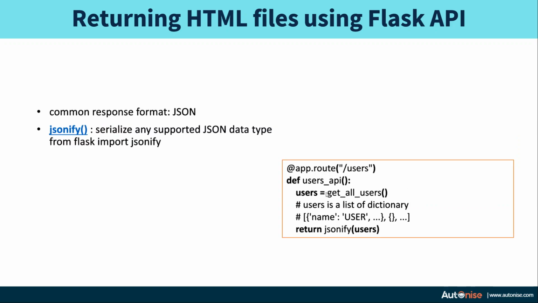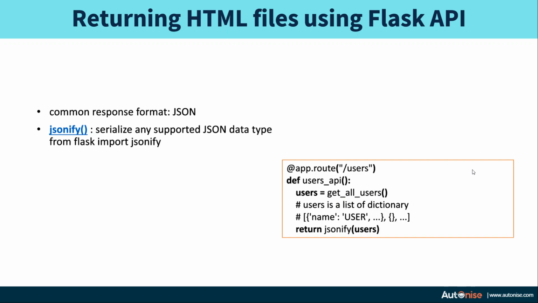The next and the most important thing which comes when you are using Flask is when you want to return a JSON object. So let's say we have an API which has the route /users. You can use this to get all the users in your database. So we have a function which will get all users in the database.